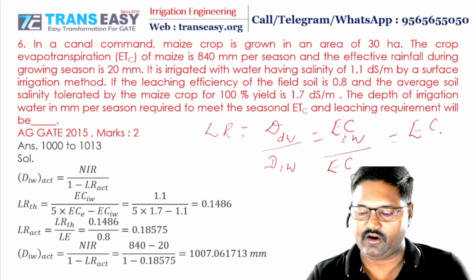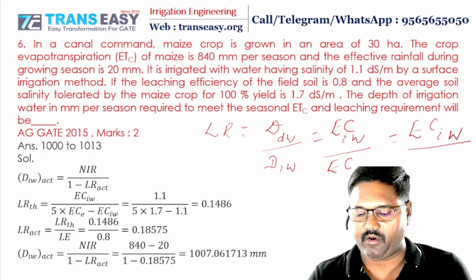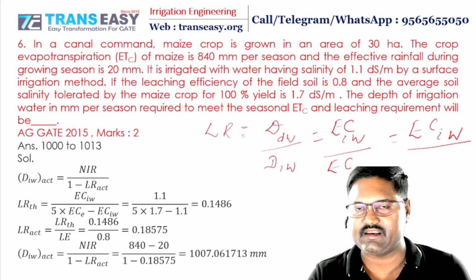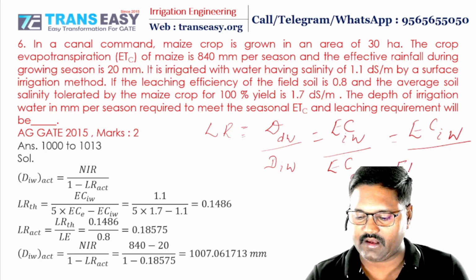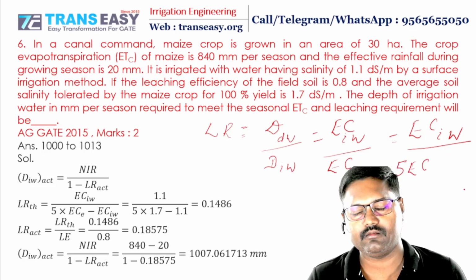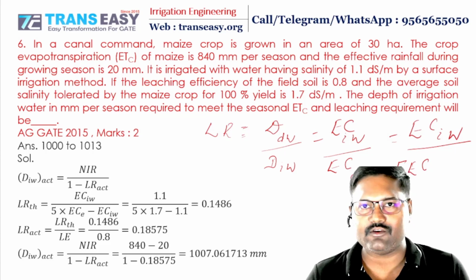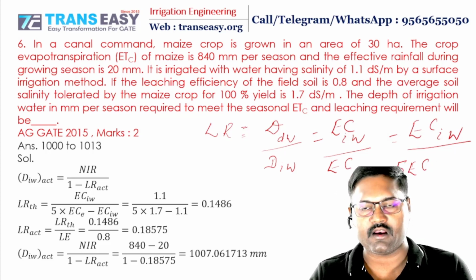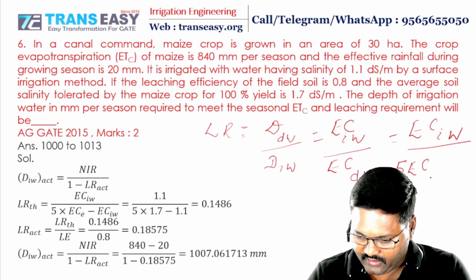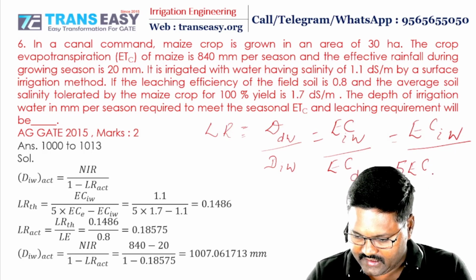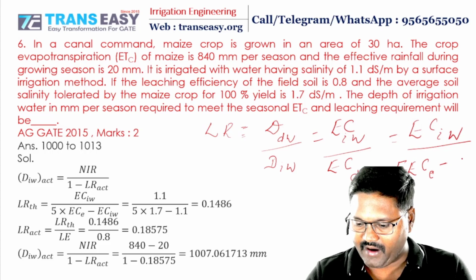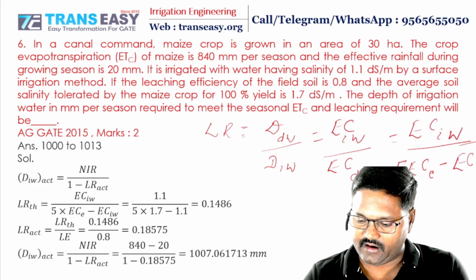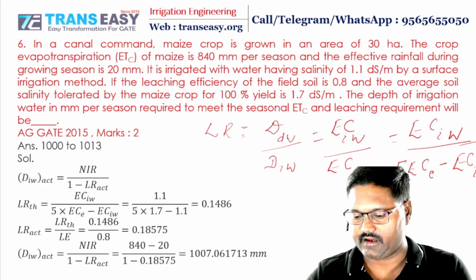Electrical conductivity of irrigation water is given in the problem. Electrical conductivity of drainage water under this given information is 5 times electrical conductivity of saturated extract tolerated by crops at 90% or more than 90% crop yields. So 5 ECe minus electrical conductivity of irrigation water.